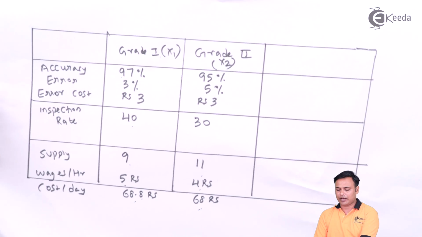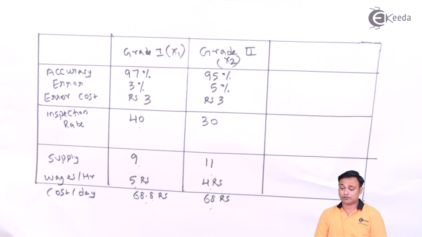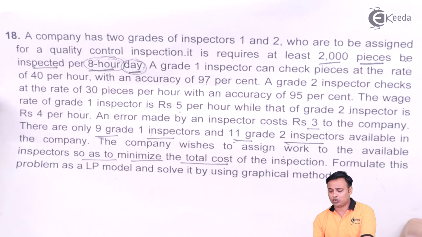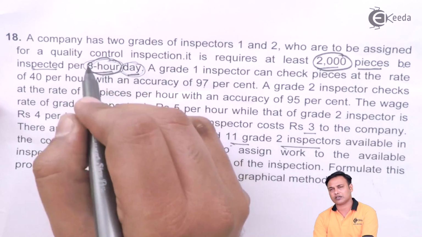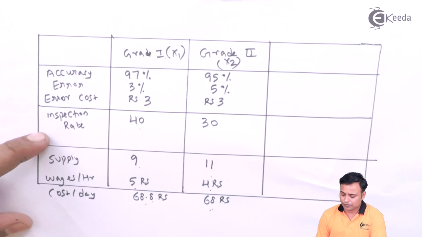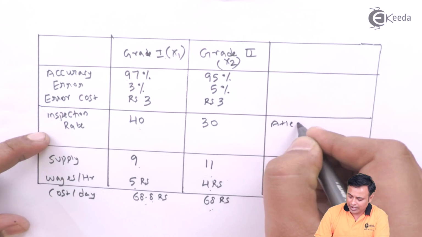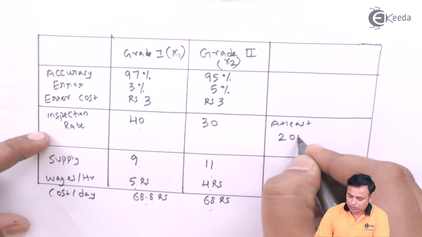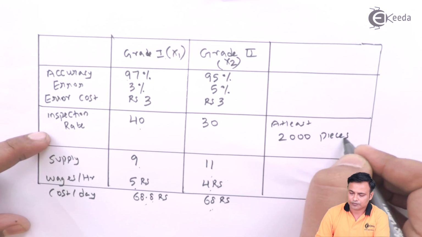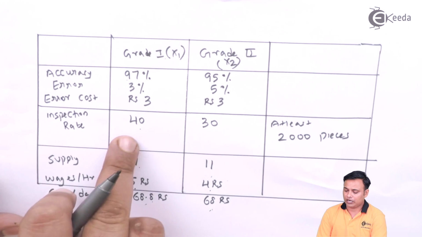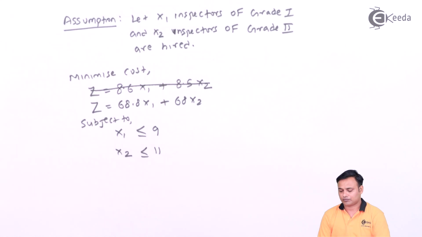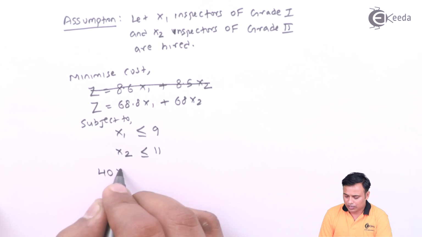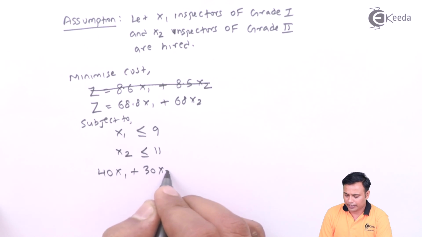Next will be my constraint on inspection. We are given the problem that we need to inspect at least 2000 pieces in 8 hours working day. So my inspection should be at least 2000 pieces. So it will be 40x1 plus 30x2.